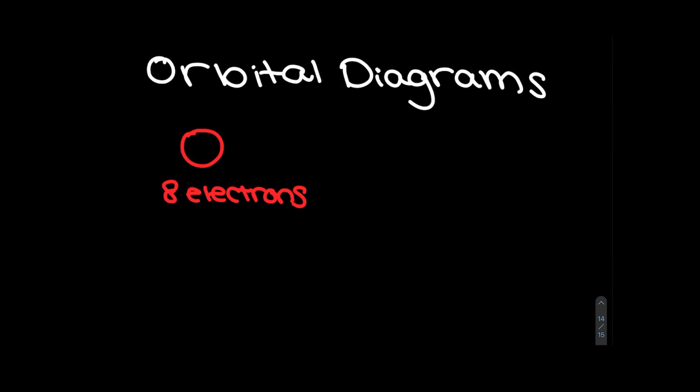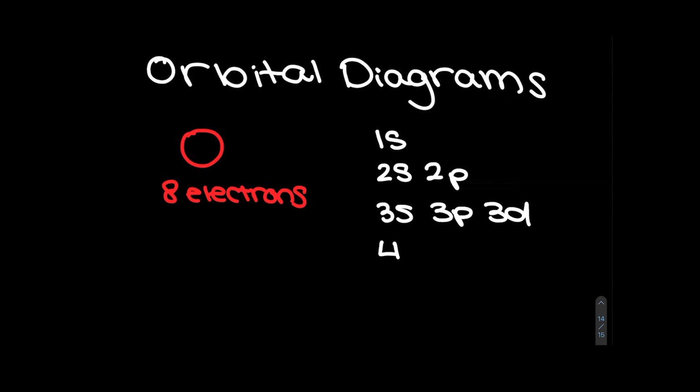So in order to get the correct order of the subshells and to fill them correctly, we have to use the chart that we drew earlier, and we can draw arrows down to determine the order of them.